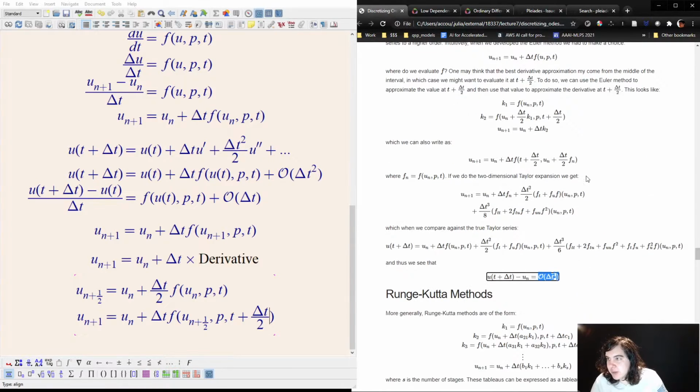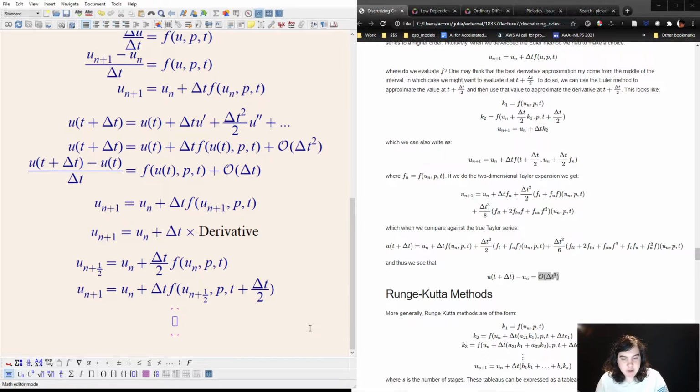So you have a method which is u of t plus delta t equals u of t plus delta t f of u of t, plus something like big O of delta t cubed, right?